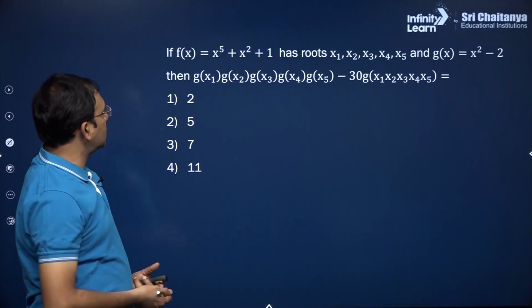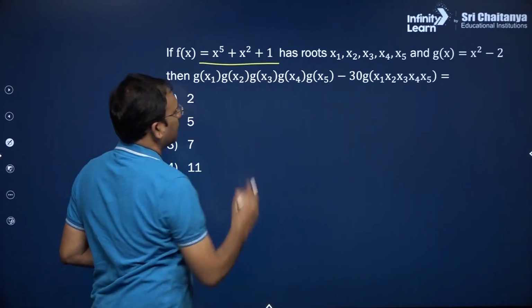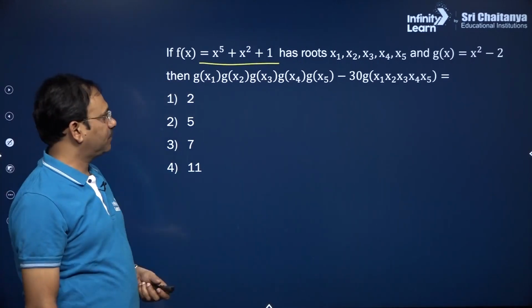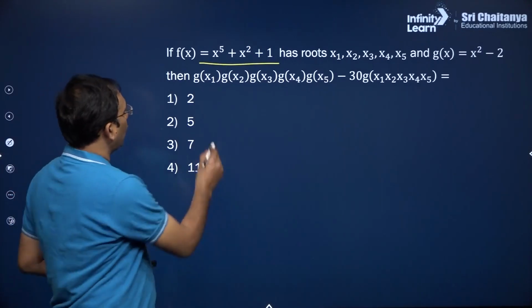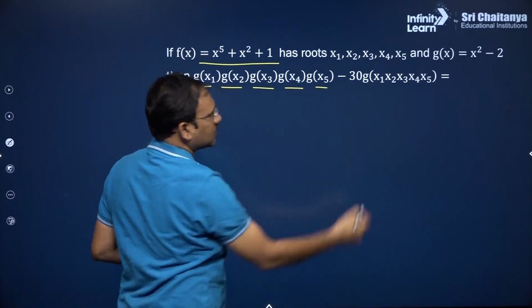Next, you see this question: f of x is x power 5 plus x square plus 1 has roots x1, x2, x3, x4, x5, and g of x is x square minus 2. I want the product of g of x1, g of x2 and so on, minus of this.